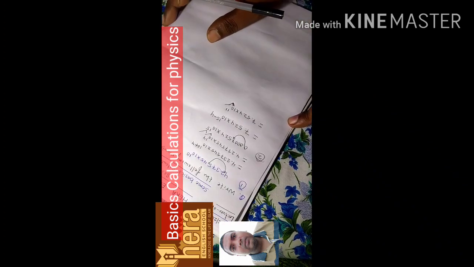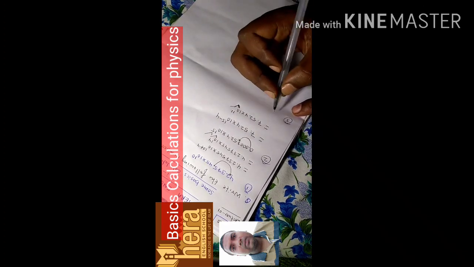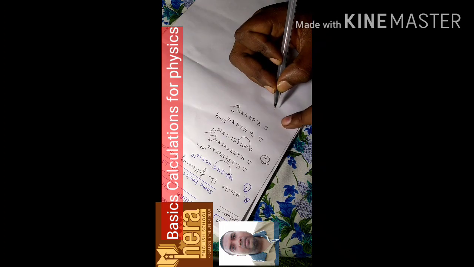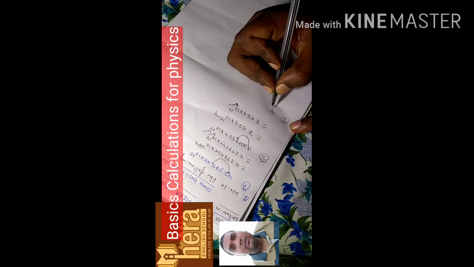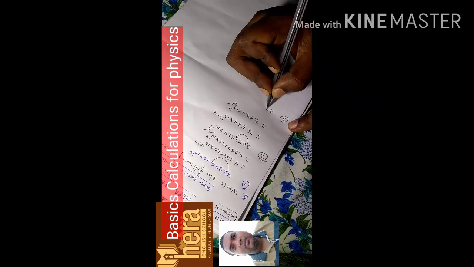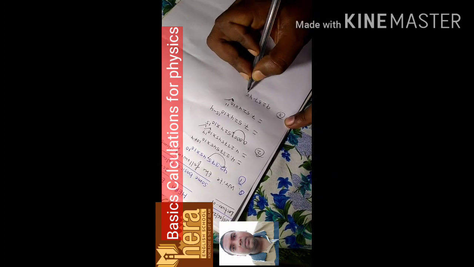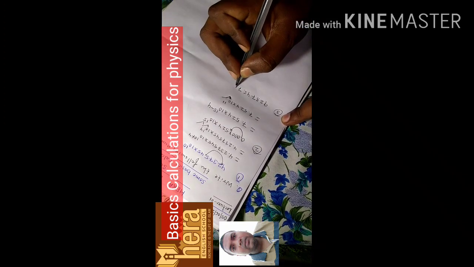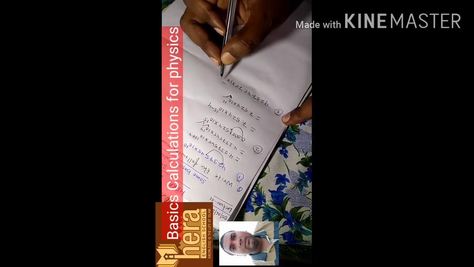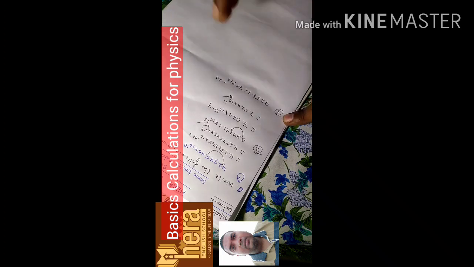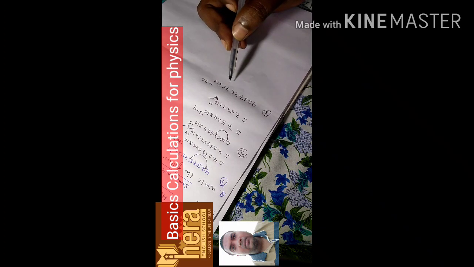Example number 3. I'm taking one number 9237.45.75 into 10 raised to minus 20. You have to write this number in scientific notation.